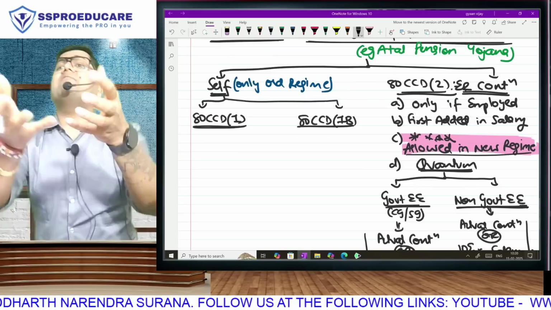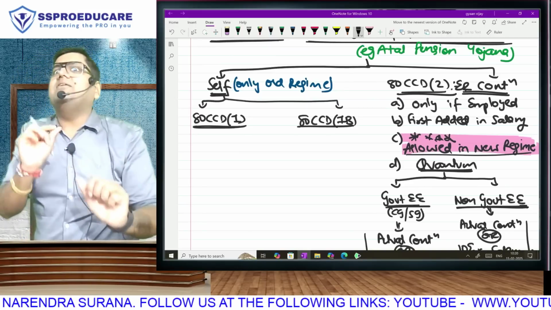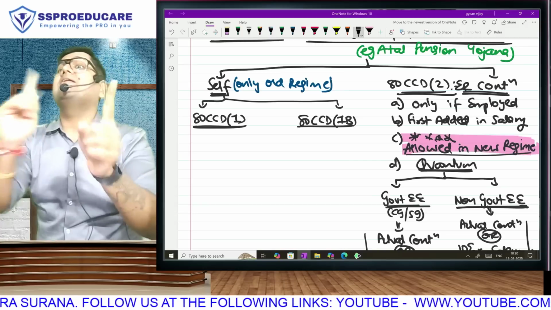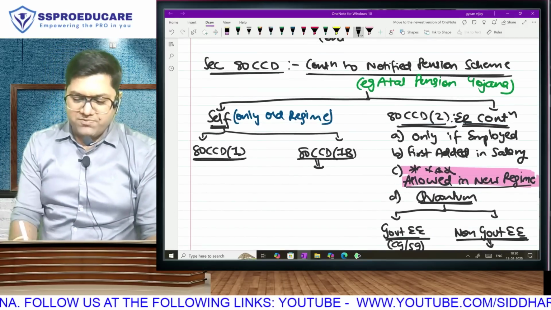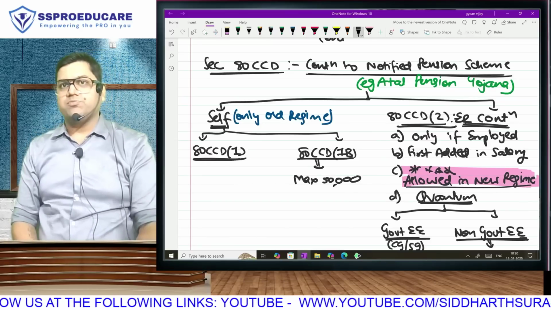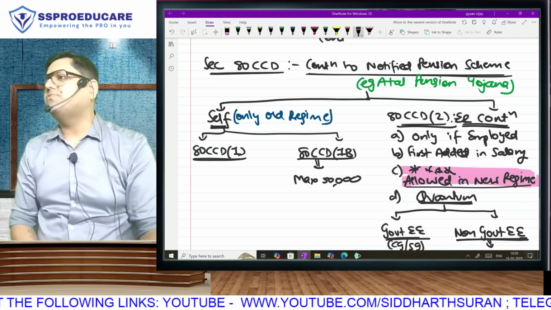Whatever I earn, I'll make one lump sum contribution. Now, of what I have contributed, a portion I will take as deduction under subsection 1, and another portion I will take under subsection 1B. There are limits under both. First, let us understand what the limits are. Subsection 1B is very, very clear. Subsection 1B says we will give you a maximum benefit of 50,000 rupees. Whatever you contribute in this subsection, you can take a deduction of 50,000.